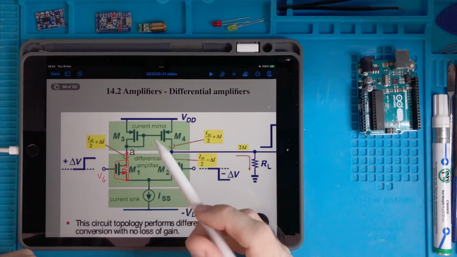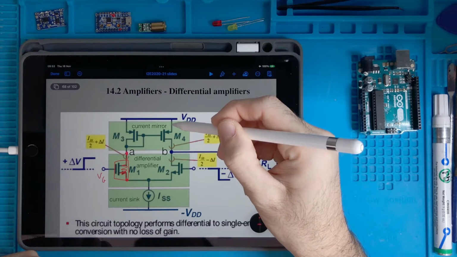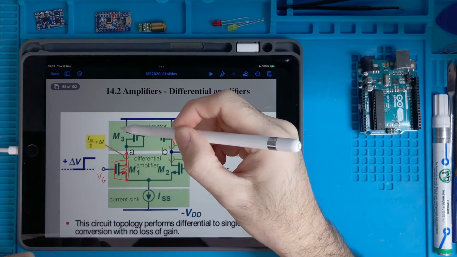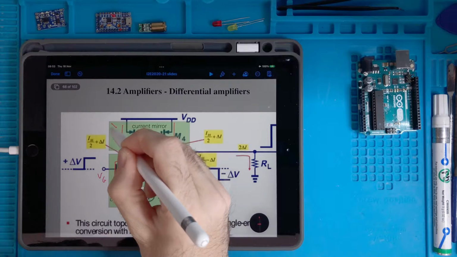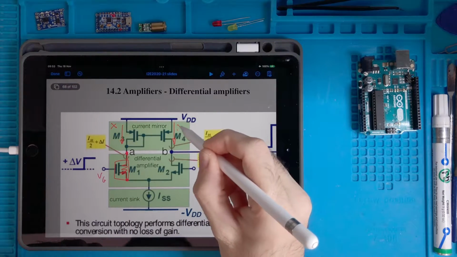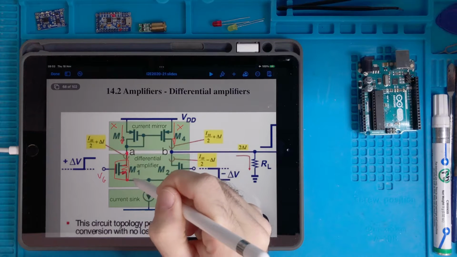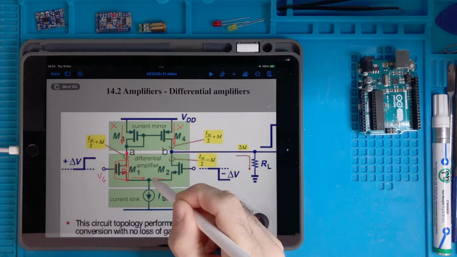So the current mirror will copy here in this branch the current which is flowing here. So let's call X this current and X this current. Then those two currents will merge here at this node.